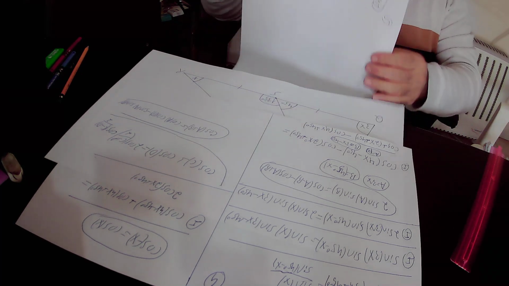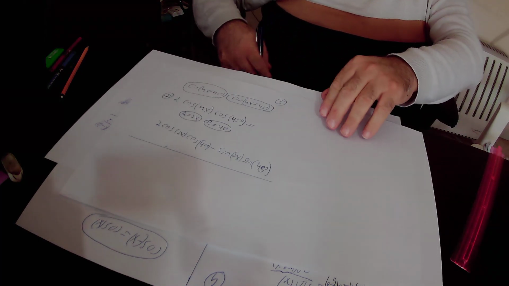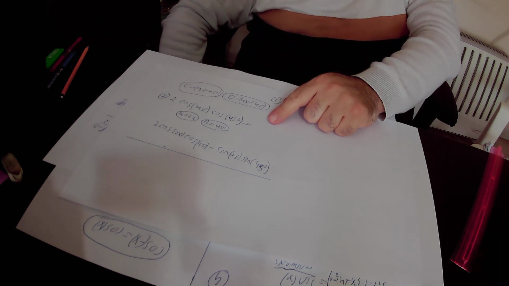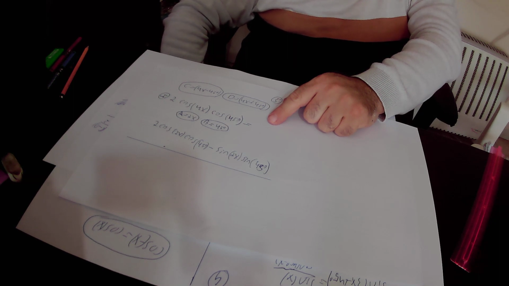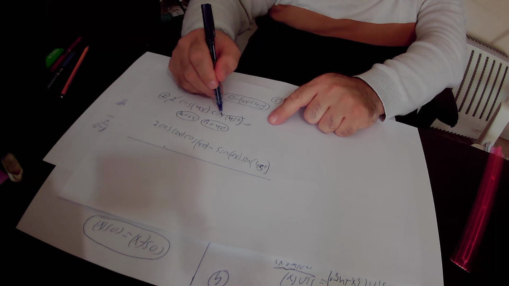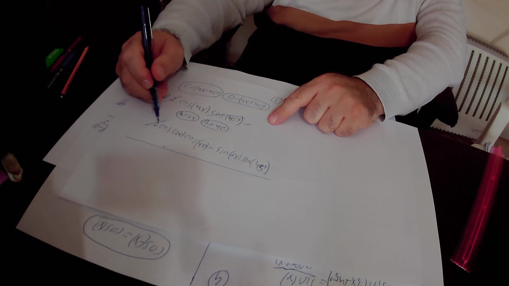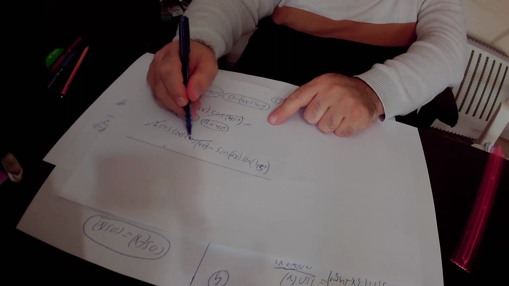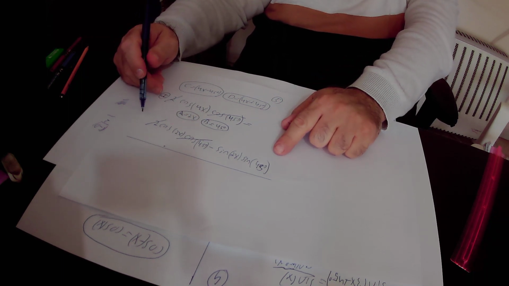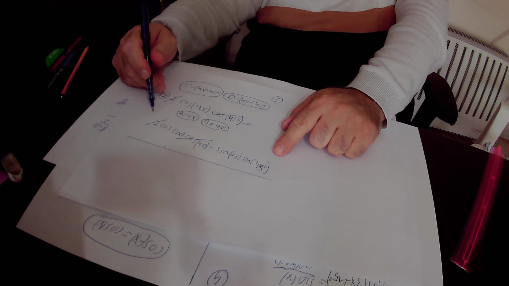So here we will divide this equation number 1 by 2 times cosine 45 degrees. Here 2 cosine 45 degrees will get cancelled. Here also 2 cosine 45 degrees will get cancelled. And here we know that sine 45 degrees equals cosine 45 degrees.